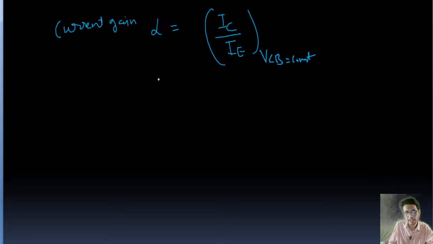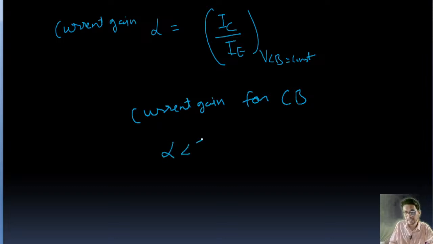So this means the current gain for common base configuration, alpha, is less than 1, because IE is greater than IC.